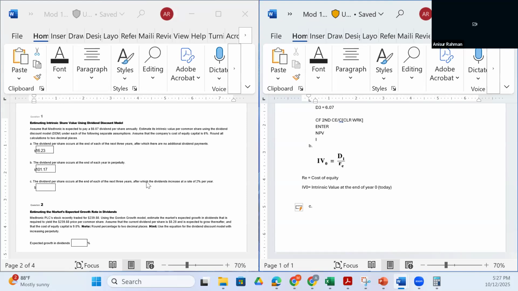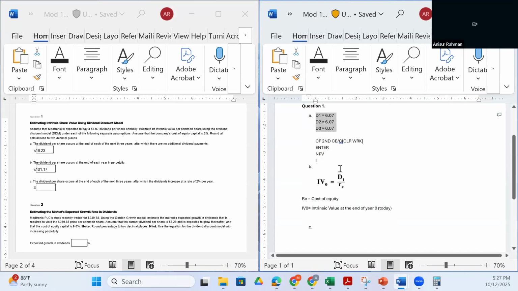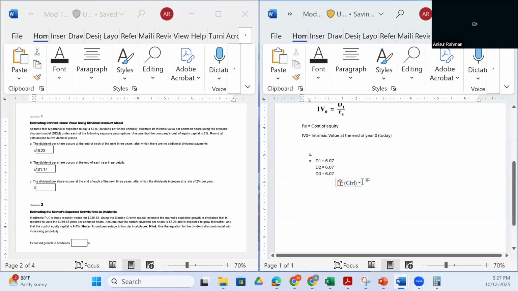That basically means you will have all these dividends, but then your dividend 4 will be 6.07 times 1 plus the growth rate, which is 2%, right? And then your D5 will be D4 times 1 plus 0.02, and so on and so forth.